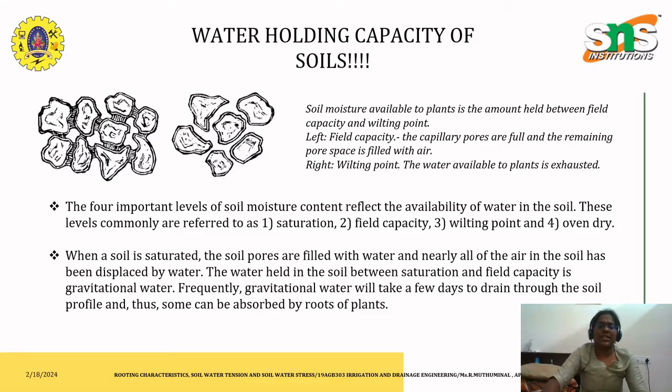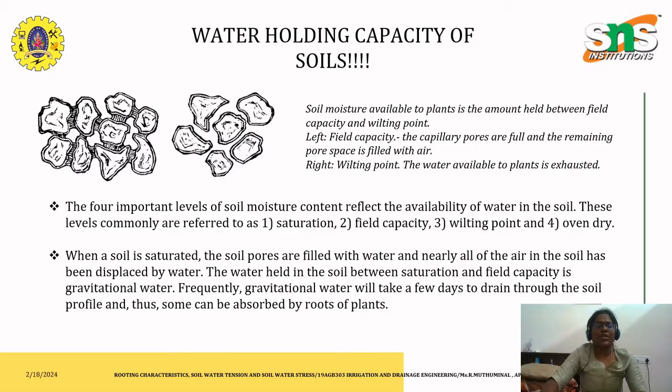That means most of the pores are filled with water. The right drawing shows the wilting point. The water available to the plant is exhausted. That means the holding capacity of the soil is very limited, so the water has drained off, and the availability of water to the plant is really low. So this shows the soil moisture available to the plant.